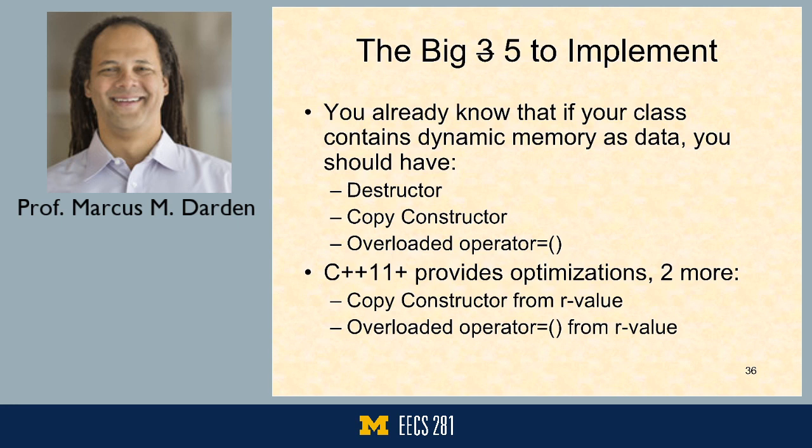Well, the vector was going out of scope in the called function, and since we can do overloaded operator equals from R value, rather than destructing the value, what C++11 would do is like, if this is going to go out of scope, I won't destruct it. I'll just use that instead of making a full copy of it. So that can speed things up pretty nicely.